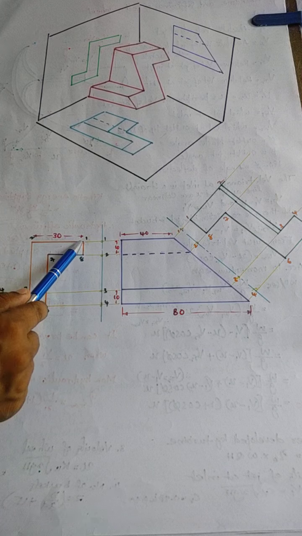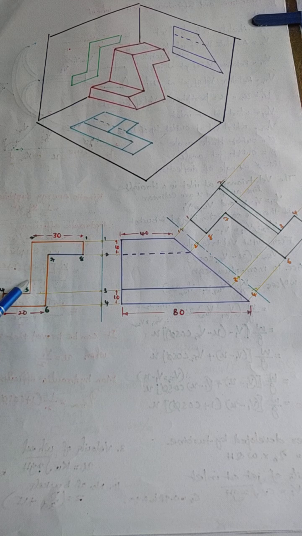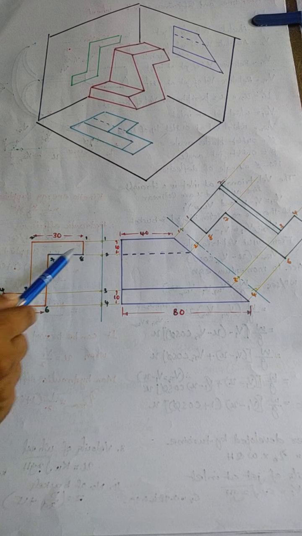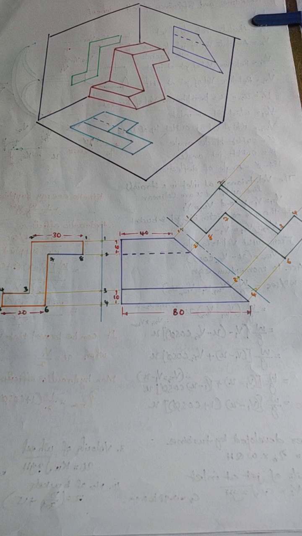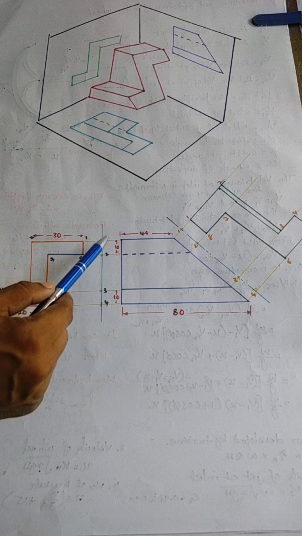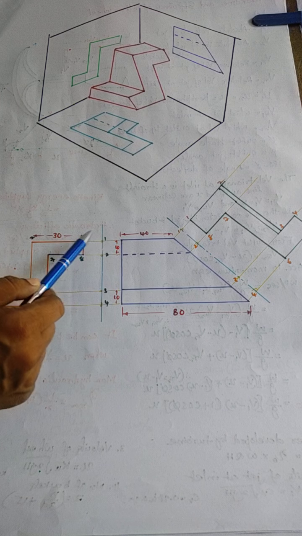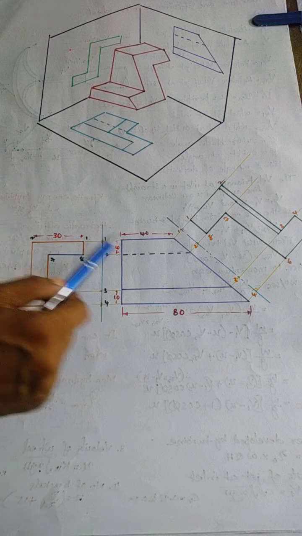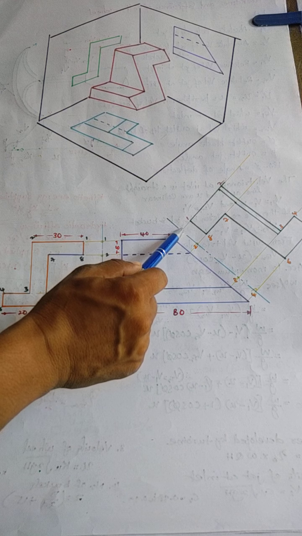I am starting the numbering from this point: 1, 2, 3, 4, 5, 6, 7 and 8. You can also give the numbering in the other direction, it doesn't matter, you can give the numbering in any direction. I started from this direction, and now measure the values from the first reference point, 1 and 2, and transfer those values from this reference point.